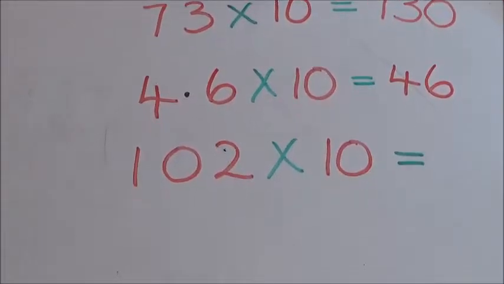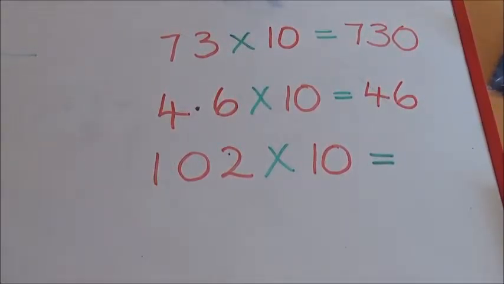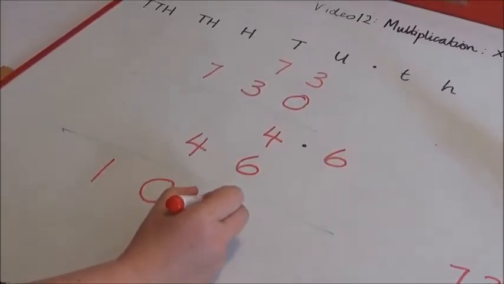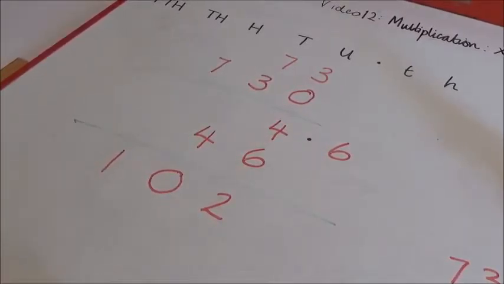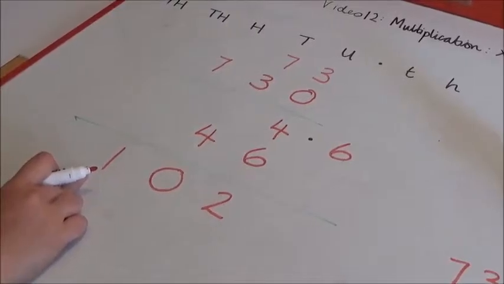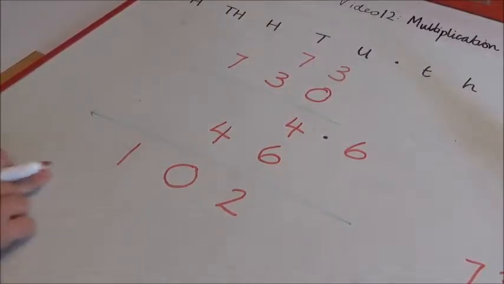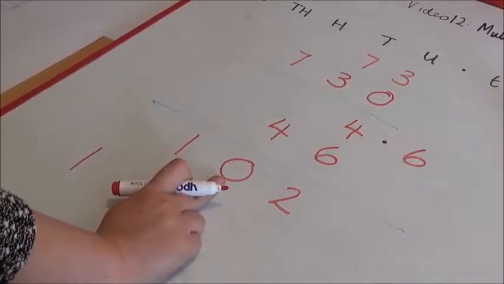Last example, we've got 102, 1 hundred, 0 tens and 2 units. Make 102 10 times bigger. So those hundreds are now going to turn into thousands. So we're going to move it one place and put that in the thousands position. We've got no tens.